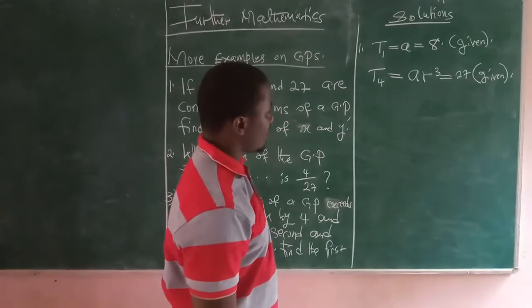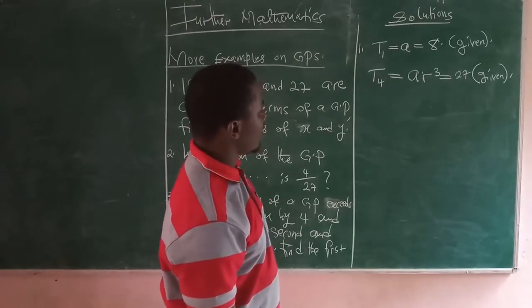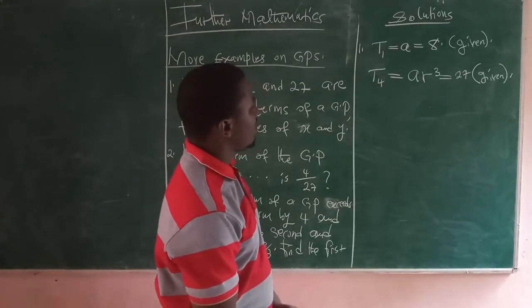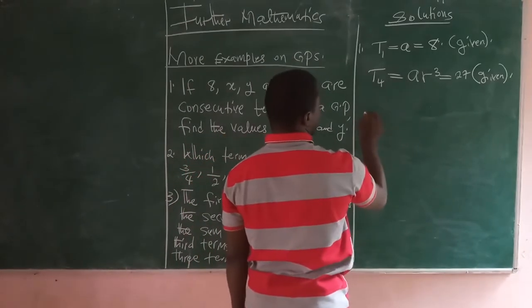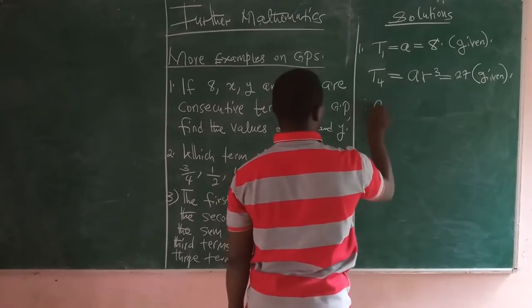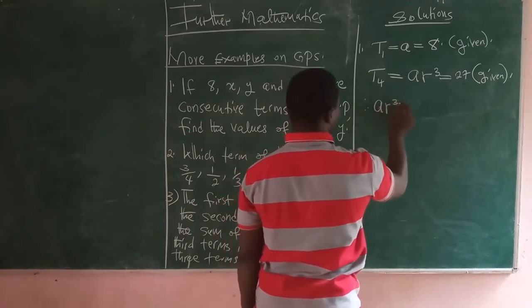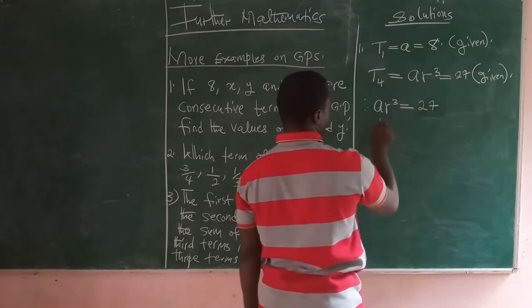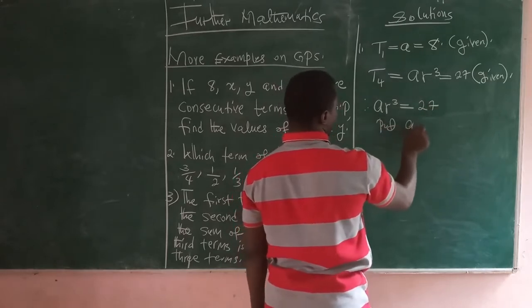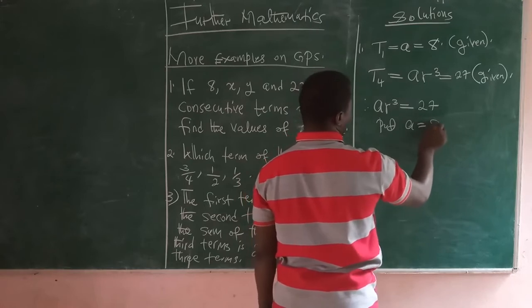So because of this, I will be able to get my other terms. I'll be able to get r. Thus, we have ar raised to power 3 is equal to 27.